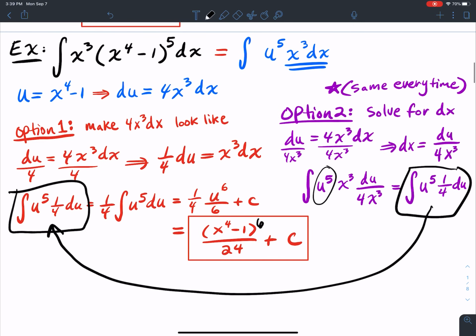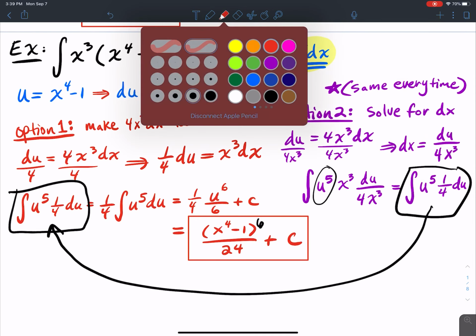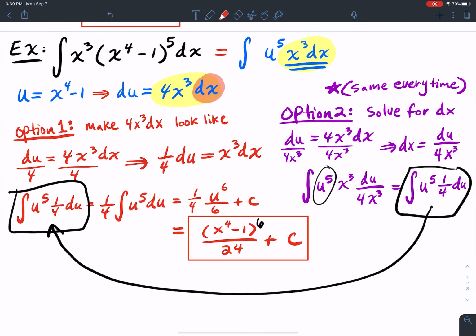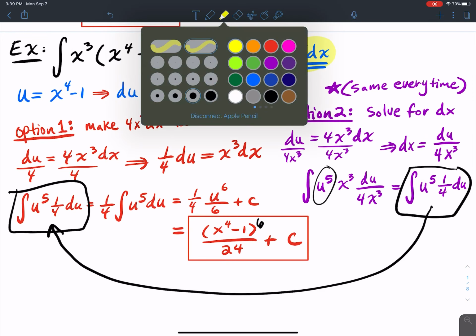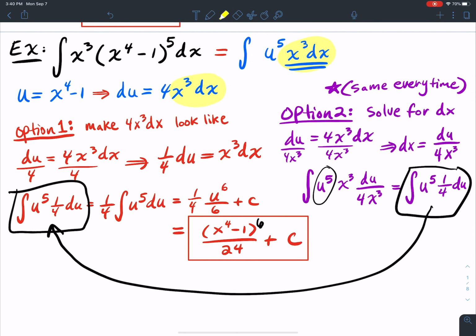So either way you want to go with this, doesn't matter. You're going to get the same answer every time. So when you see that your differential doesn't match up, you can either solve the differential for dx and then replace the dx in here and then simplify everything else, or you can algebraically manipulate the differential to look exactly like what's here in the integrand there.